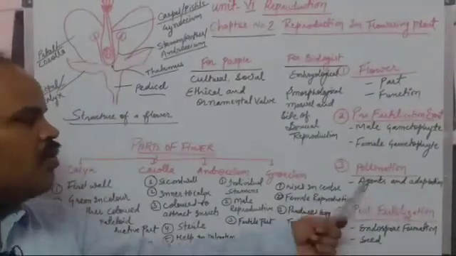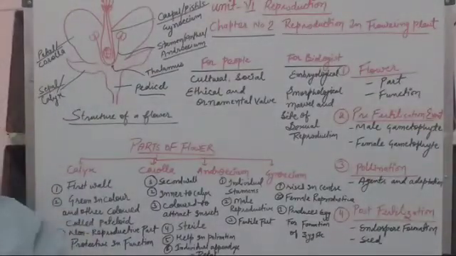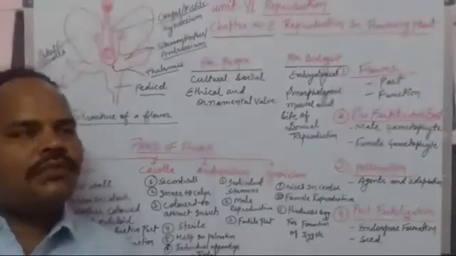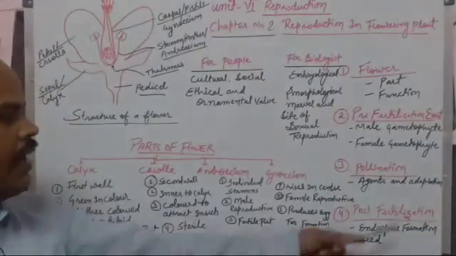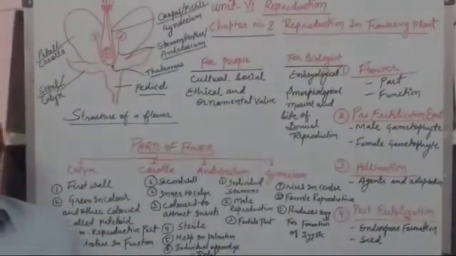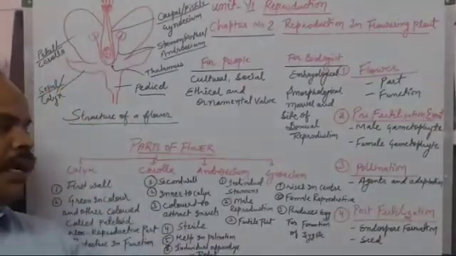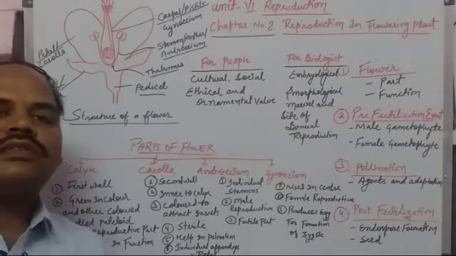Now the next is pollination. Then there are the agents, which types of agents perform the process of pollination, and adaptations. Now the next, the end part of this chapter, post-fertilization. Post-fertilization includes endosperm formation and the seed.